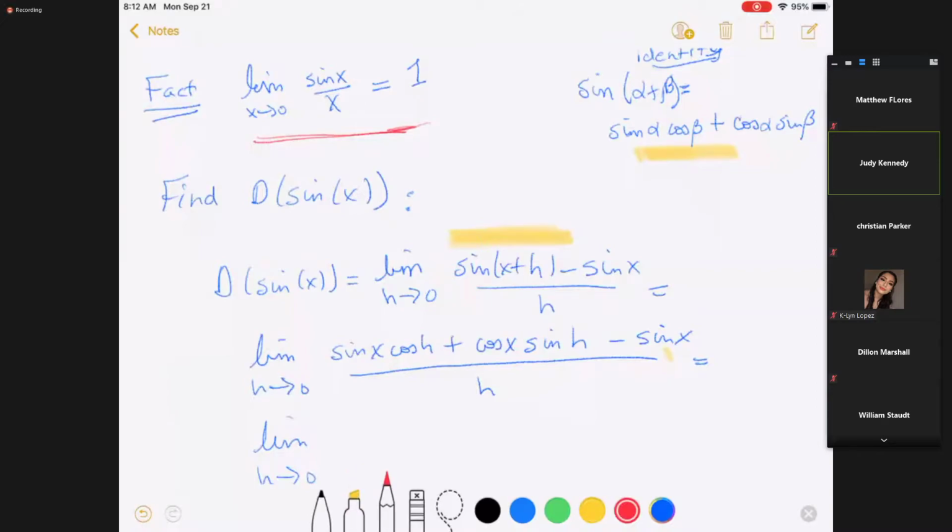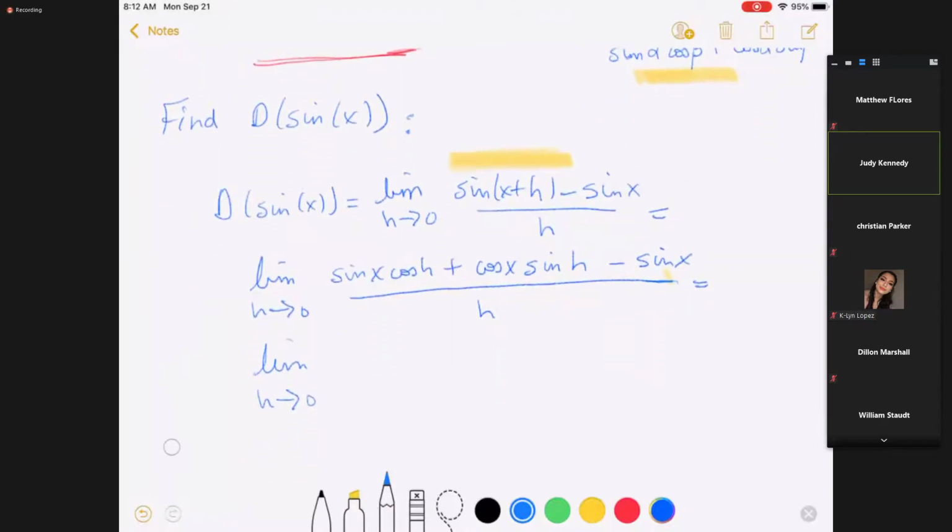Okay, so let's see, that should go all the way over. So what am I going to do? Well, I'm going to break this limit up into the difference of two limits using the limit laws.